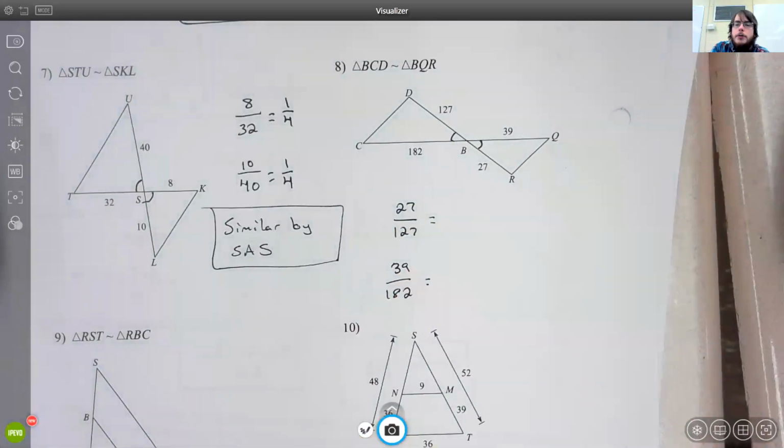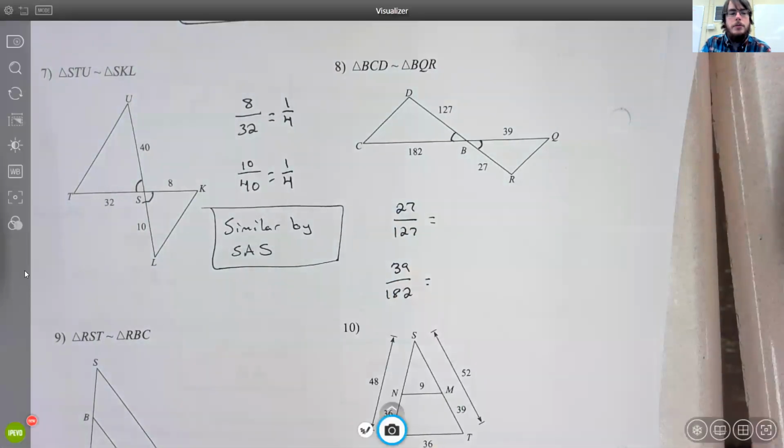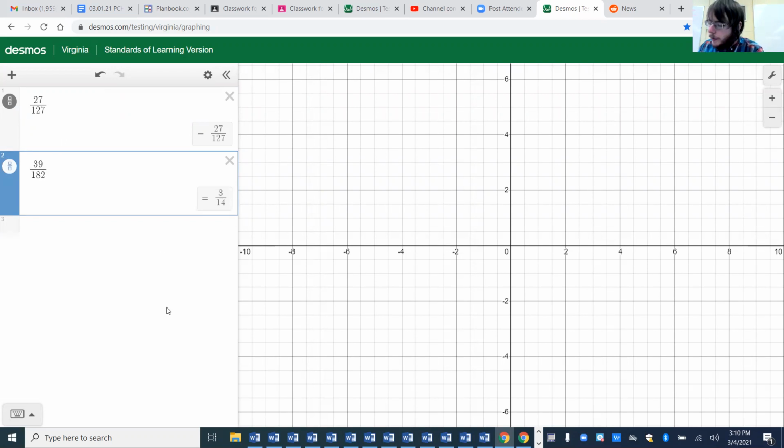So if we go to simplify these in Desmos, if my screen wants to cooperate with me. All right. So in Desmos, 27 over 127 does not simplify. 39 over 182 simplifies to 3/14.